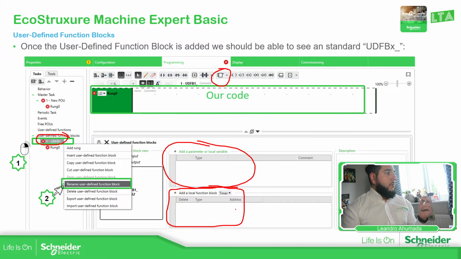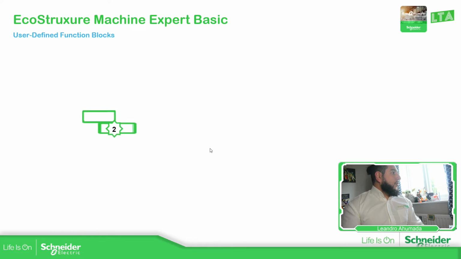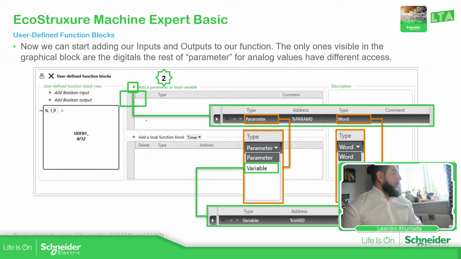We should be able to add it over here. If I'm not wrong, I don't remember, in the previous version we don't have this part, so this is new. And in the left part we are able to see the inputs and outputs for the digital values, I mean Boolean variables.